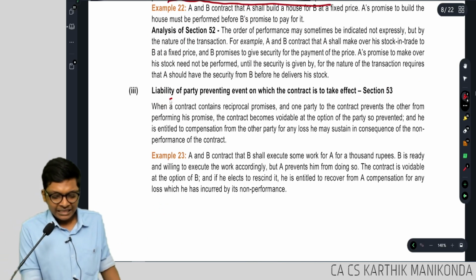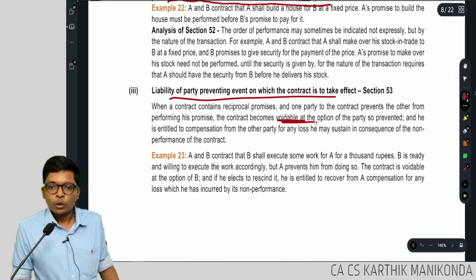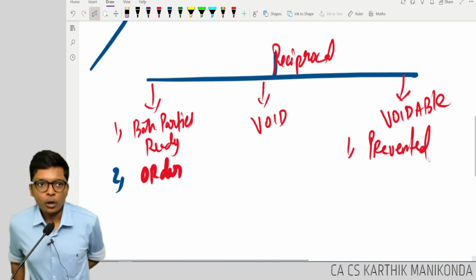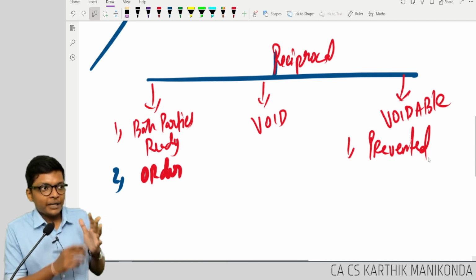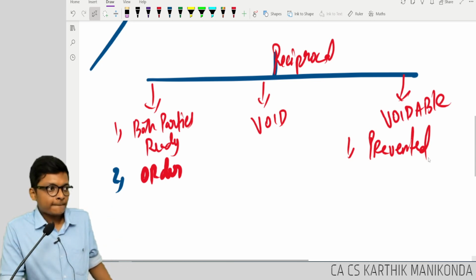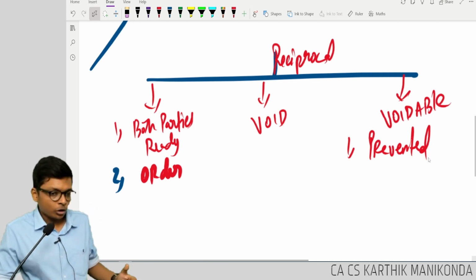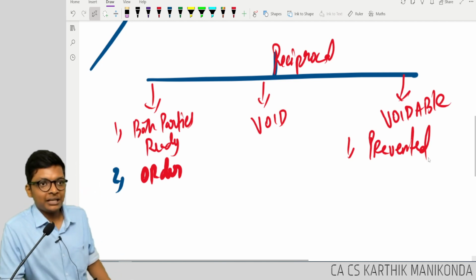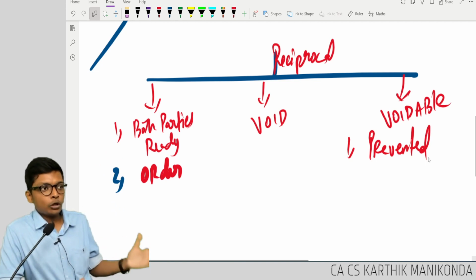Third, liability of party preventing. This makes the contract voidable. So, here under voidable first point, contract is prevented. What do you mean by prevented? Can you give an example for this? I called electrician to come and do the work in the house. I asked him why. Electrician told, it is mainly for fixing a fan. Then I told, go fix the fan.